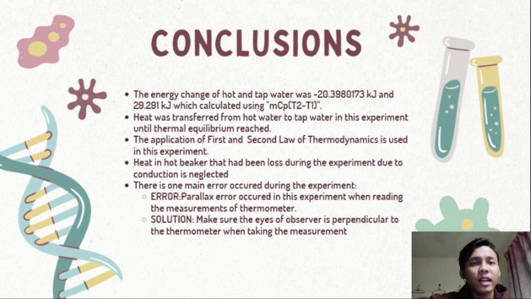There is slight heat lost during the experiment, and there is one main error that occurred, which is parallax error when we were reading the measurements of the thermometer. The solution is to make sure the observer's eyes are perpendicular to the thermometer when taking the measurement.